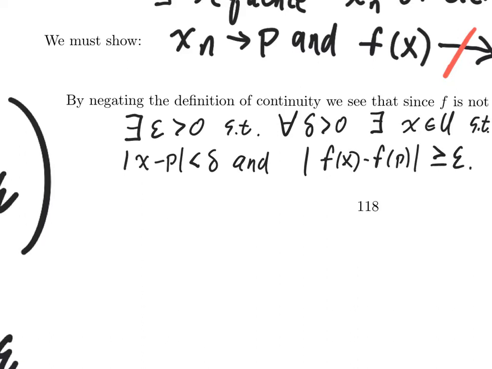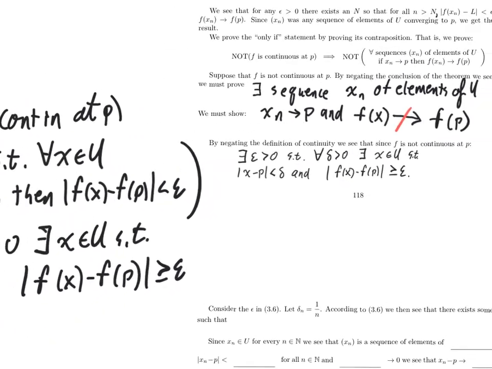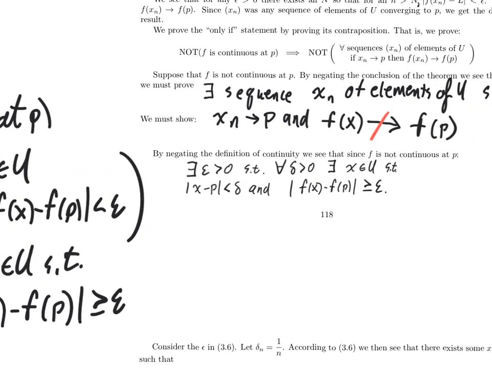And I know that that's true, right? Because I want to prove if f is not continuous, then something happens. So this is something that I get to assume is true. So I know that that's true.